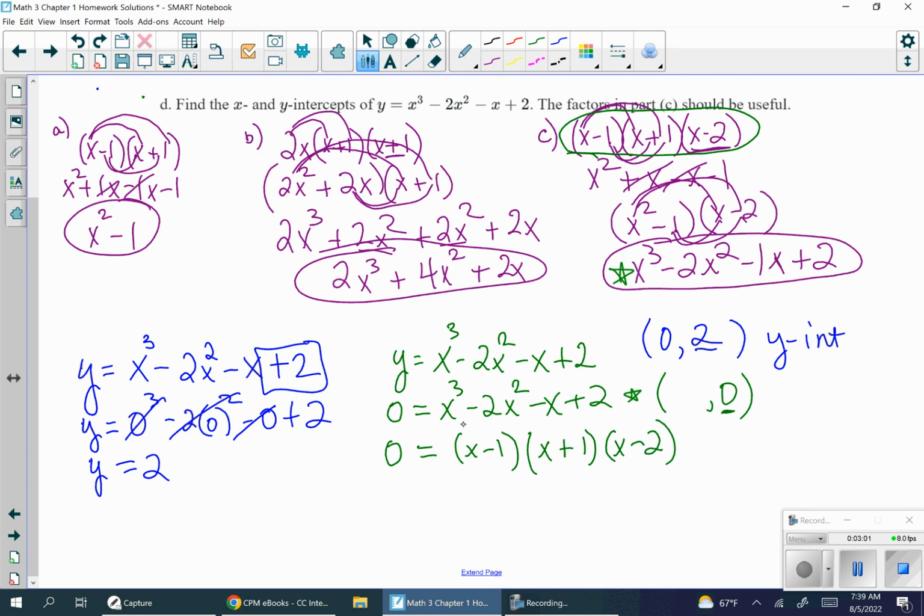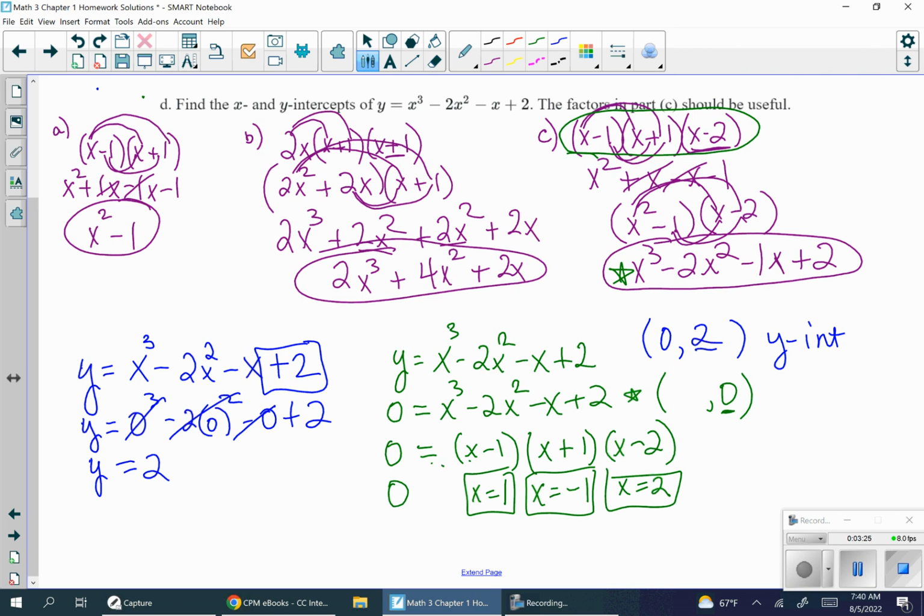And therefore, if x was a positive 1, we would end up with 0 times whatever these are. If x is a negative 1, this factor is 0, so it would equal 0 when we multiply everything through. If x is 2, that would make this factor 0, it doesn't matter what these are because 0 times anything is 0.